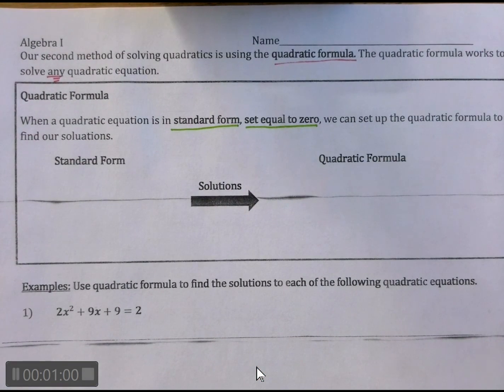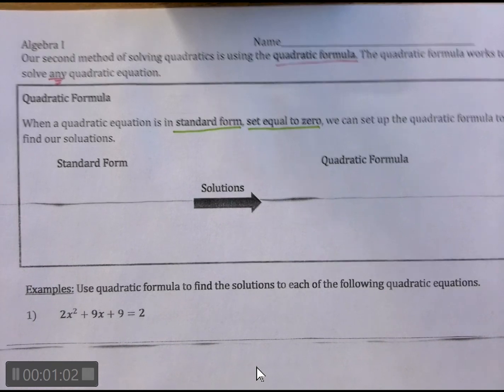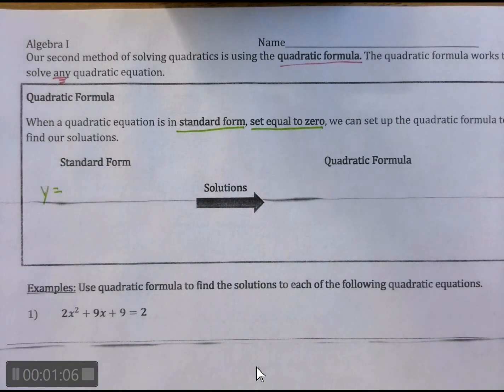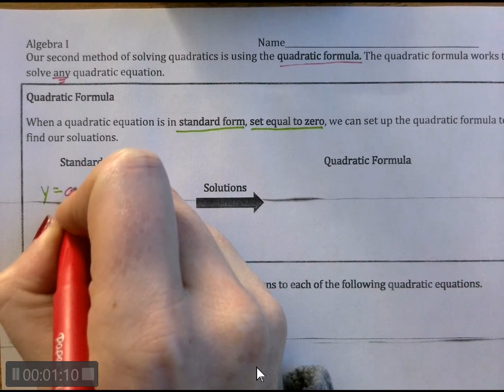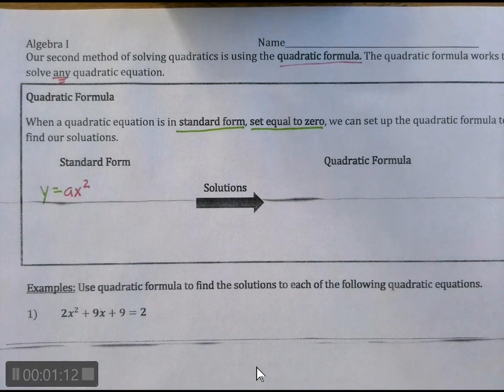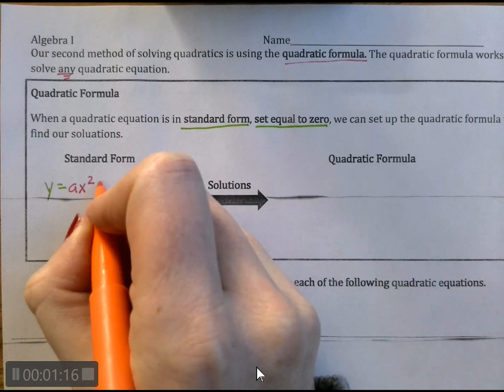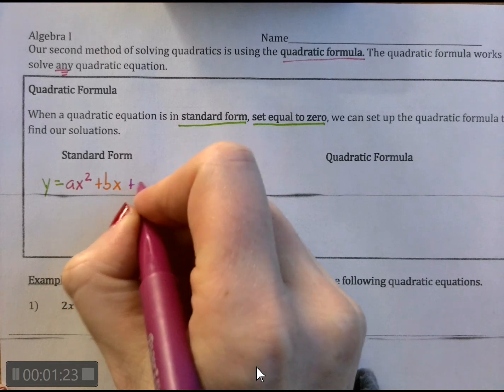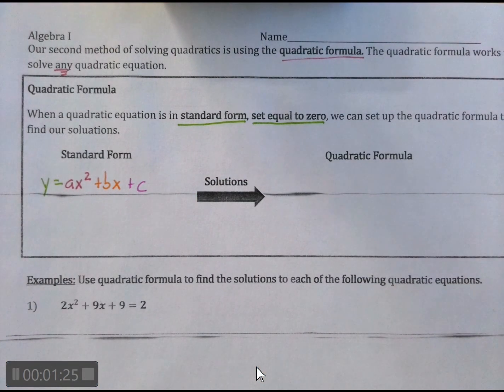And just in case we don't really remember what standard form is, that is going to be y equals ax squared plus bx plus c. Okay, so that is our standard form.